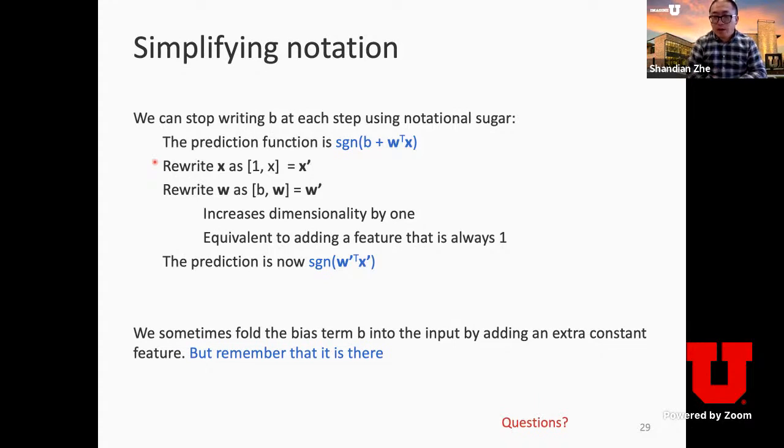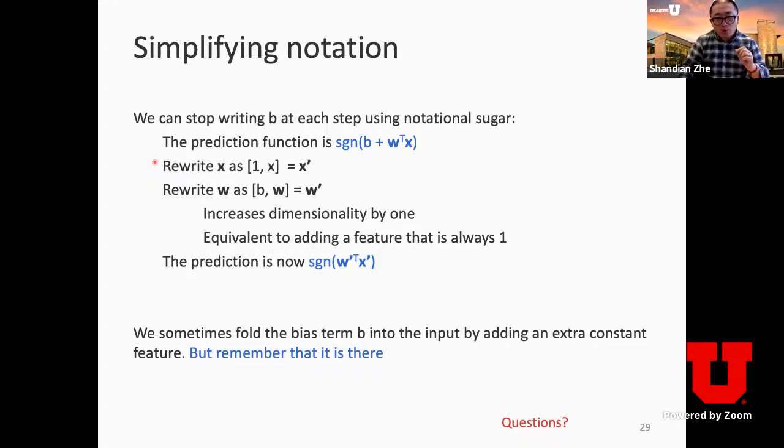It's pretty straightforward. In practice, to make the notation even simpler, we usually insert a constant feature 1 into the original input feature vector. So we get our new augmented feature vector x prime. Correspondingly, we insert the bias term b into the weight vector, so we get a new weight vector w prime.